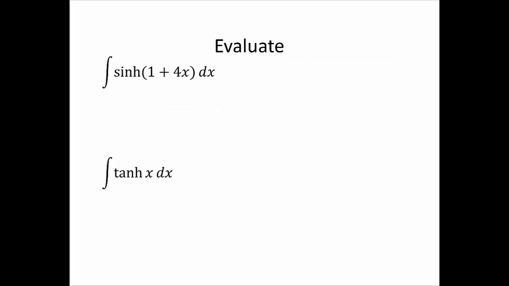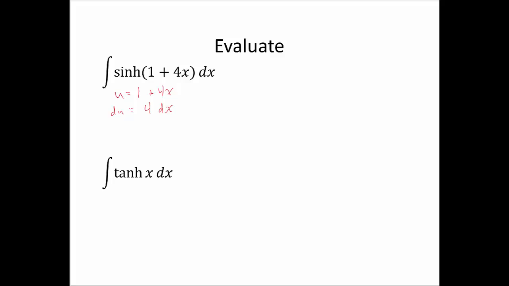Now let's evaluate a couple of integrals. Let's see, we're asked to evaluate first the integral of hyperbolic sine of 1 plus 4x dx. This looks like a classic substitution. If I let u equal 1 plus 4x, then du would be 4 dx.